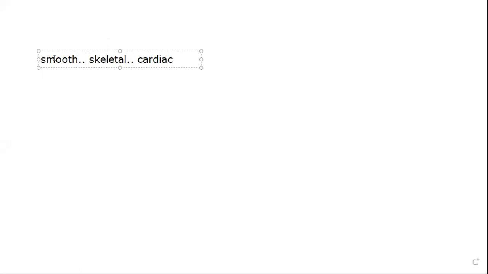The smooth and the cardiac muscles are involuntary in action, whereas the skeletal muscles are voluntary. That is, we can control the skeletal muscles according to our own will. The skeletal muscles are attached to the bones. They are attached to the skeleton. That is why they are known as the skeletal muscles.